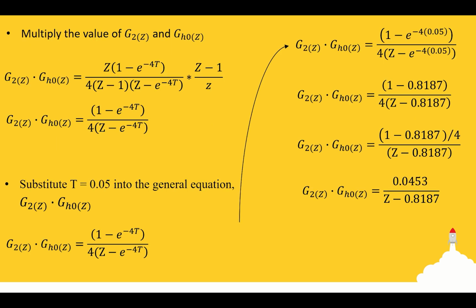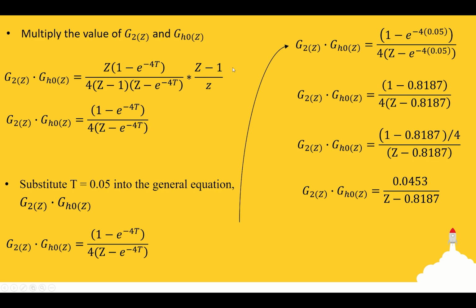Okay, next we proceed to multiply the value of our transfer function in the Z domain and the ZOH transfer function in the Z domain. So here we got it.